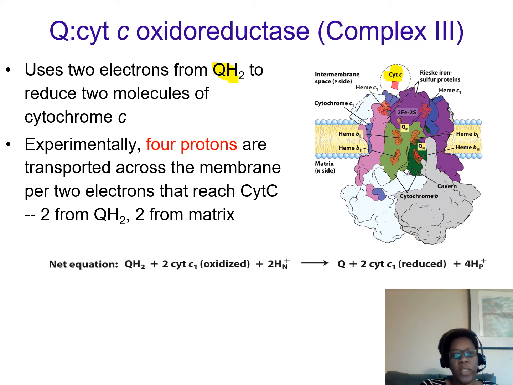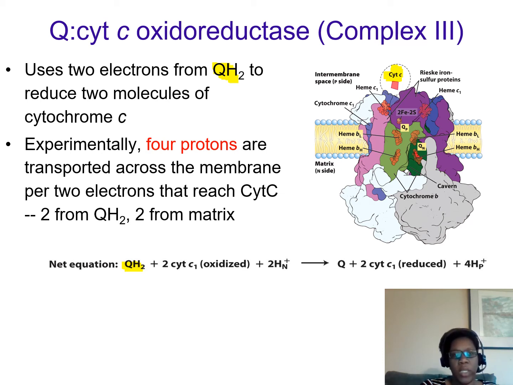So our net equation for that would be, we started with 1 QH2, and that QH2 can come from complex 1 from the NADH, or complex 2 from the FADH2, with 2 cytochrome C1s and 2 protons. And then Q has released those 2 electrons, so now we have Q, we have cytochrome C, but we also have 4 protons. So where are our electrons now?